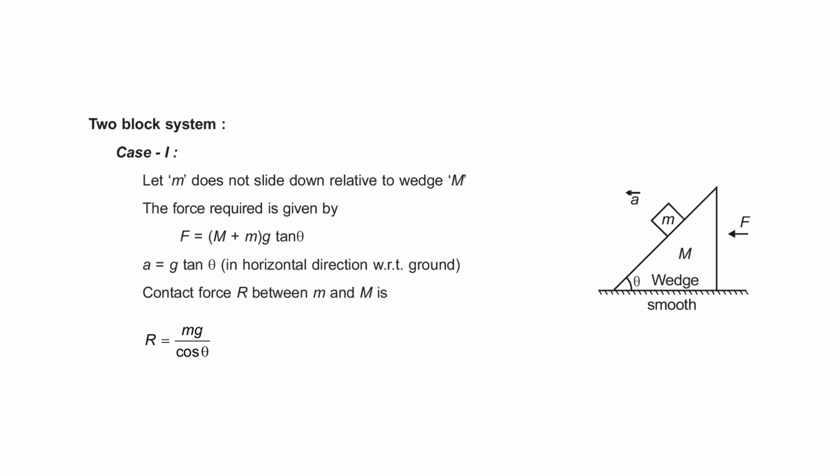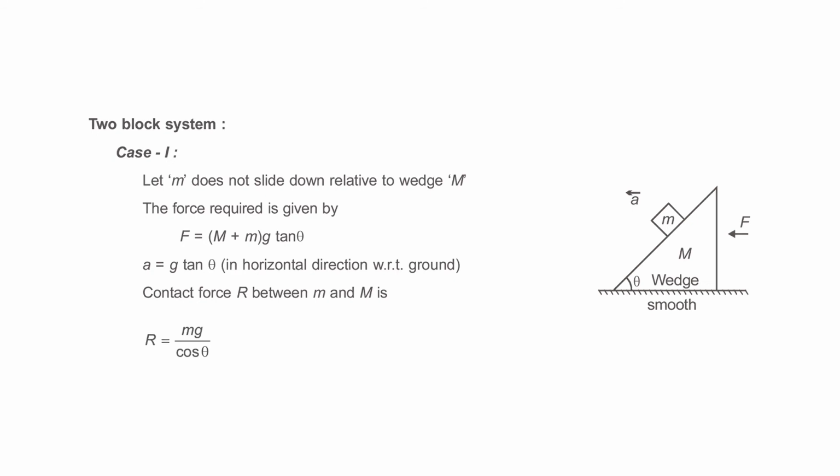Let small m not slide down relative to wedge capital M. The force required is given by F is equal to (capital M plus small m) into g tan theta. a is equal to g tan theta in the horizontal direction with respect to the ground. Contact force R between small m and capital M is R is equal to mg divided by cos theta.